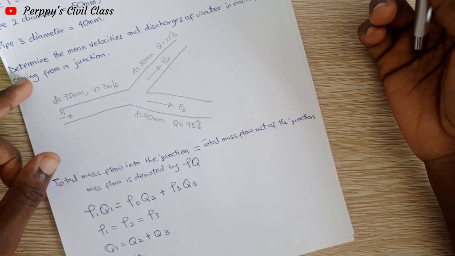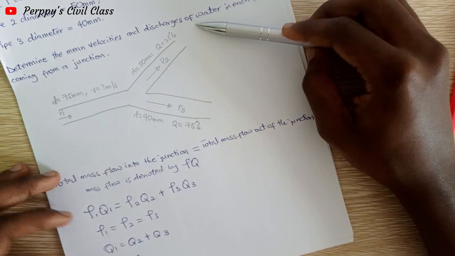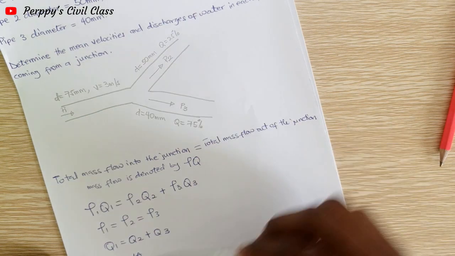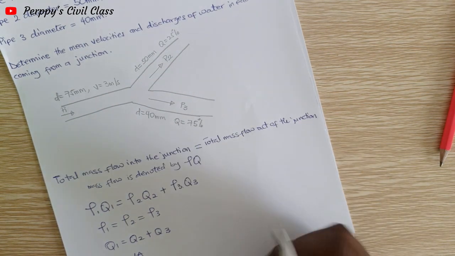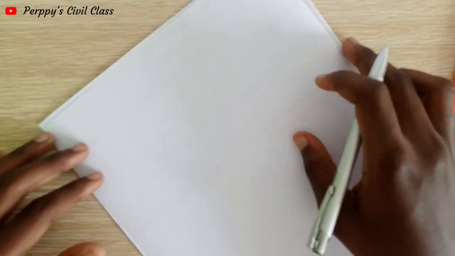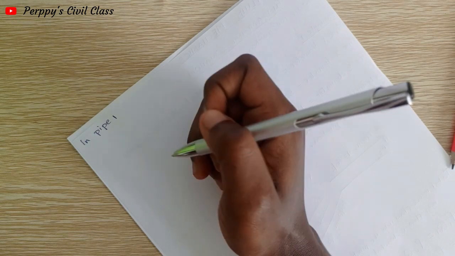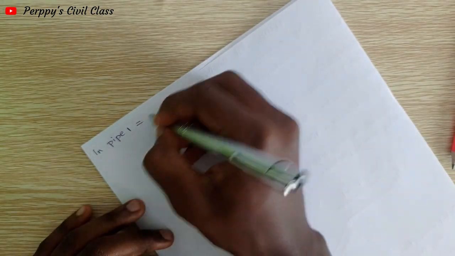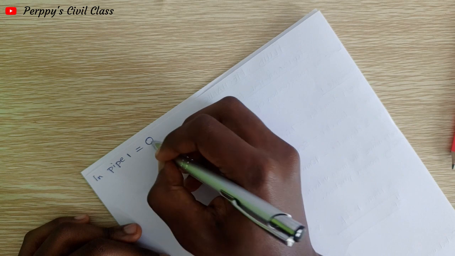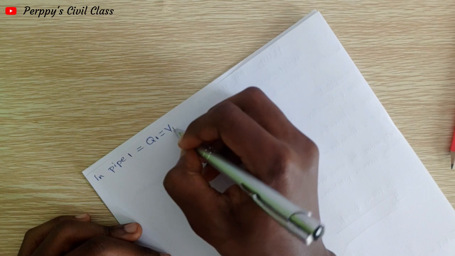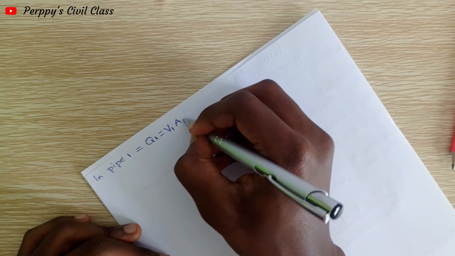Now the question wants us to find the mean velocities and discharge of water in each pipe coming from the junction. So we're going to do it for each of the pipes. In pipe 1, we have discharge Q1 equal to mean velocity 1 times the cross-sectional area 1.